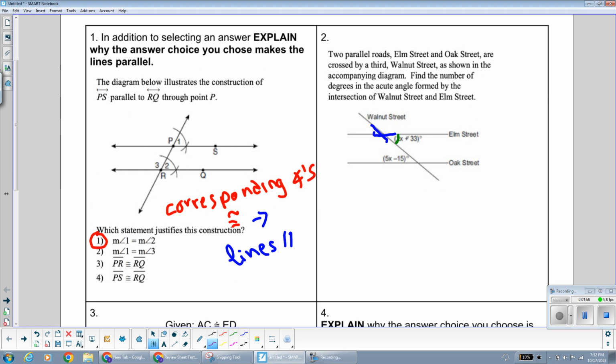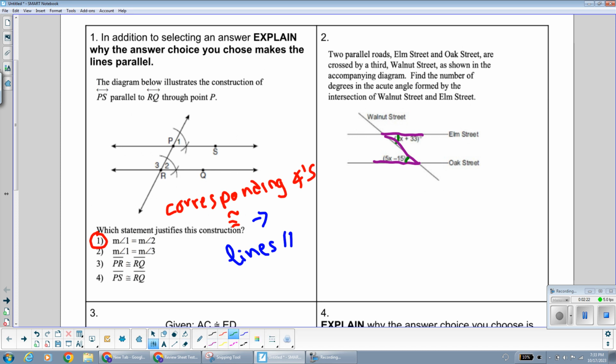So here, and let me just erase this other stuff so we can see what I'm talking about. So here, we have two lines cut by a transversal. And if you take a look, we see a letter Z. In the corners of the letter Z are alternate interior angles.